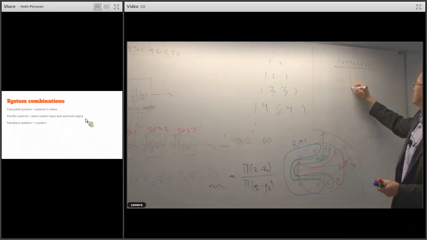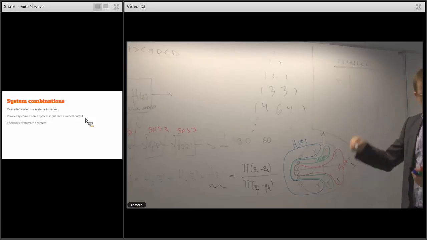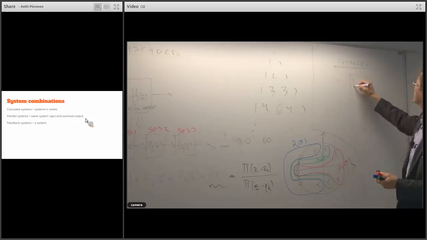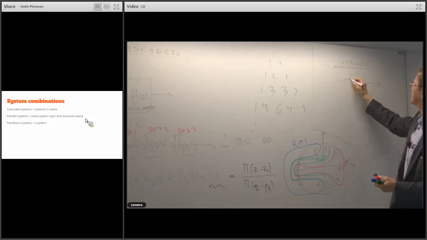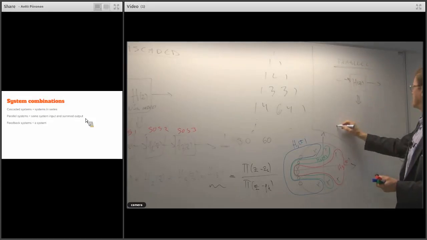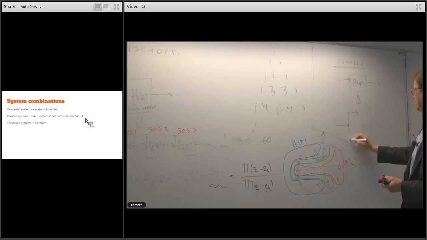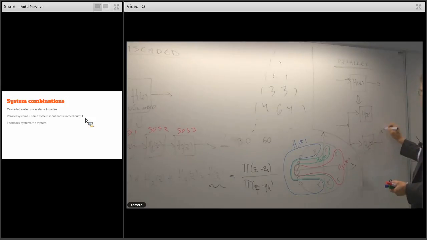So instead of a single system, you will basically divide into, usually, two systems which are parallel. And their H1(z) plus H2(z) would be H(z).